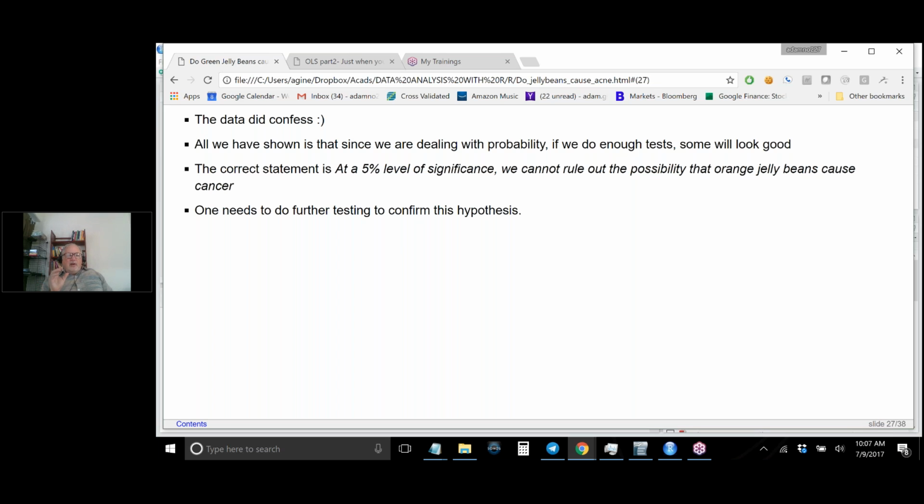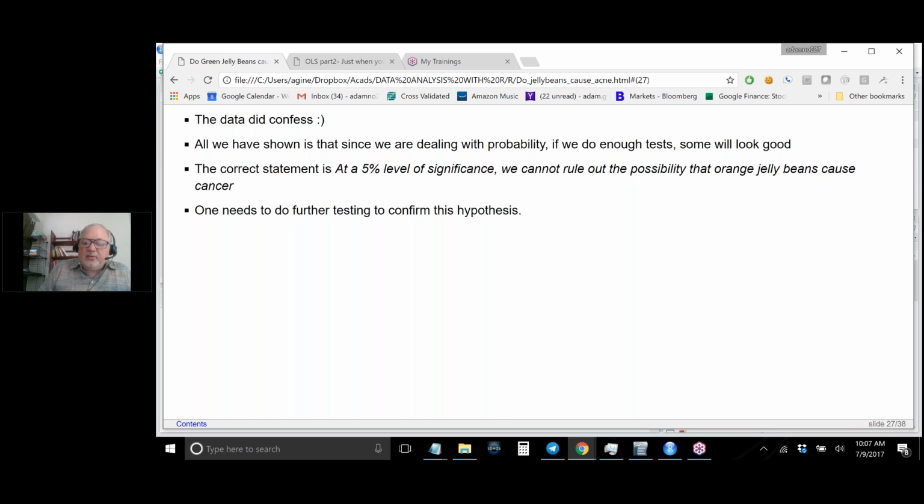But since we're dealing with probability, what we've really shown is that if we do enough tests, some of them are going to come out positive, because the correct statement is that at a 5% level of significance, we cannot rule out the possibility that orange jelly beans cause cancer. One needs to do further testing to confirm if this hypothesis is actually causal or not.